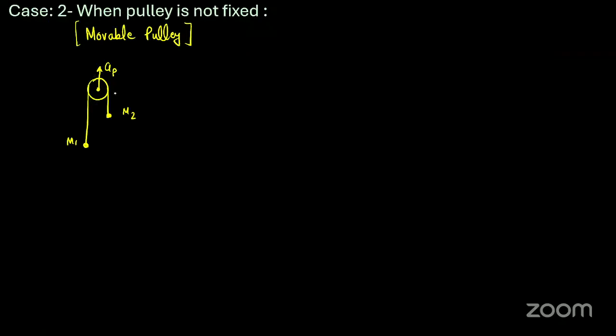Although we are considering that the mass of the pulley is not there. Okay, clear? It's an ideal pulley, so mass will not be there, only the masses M1 and M2. And suppose we will take a reference. So this is the reference line.